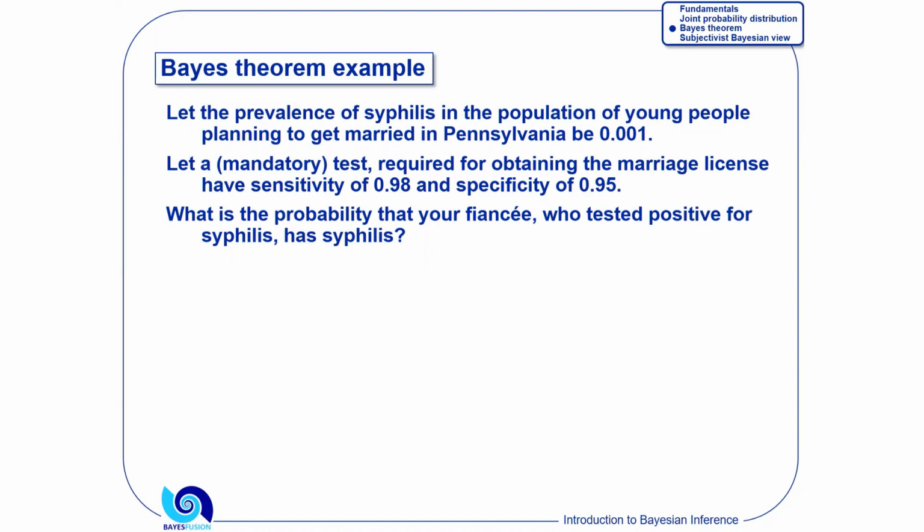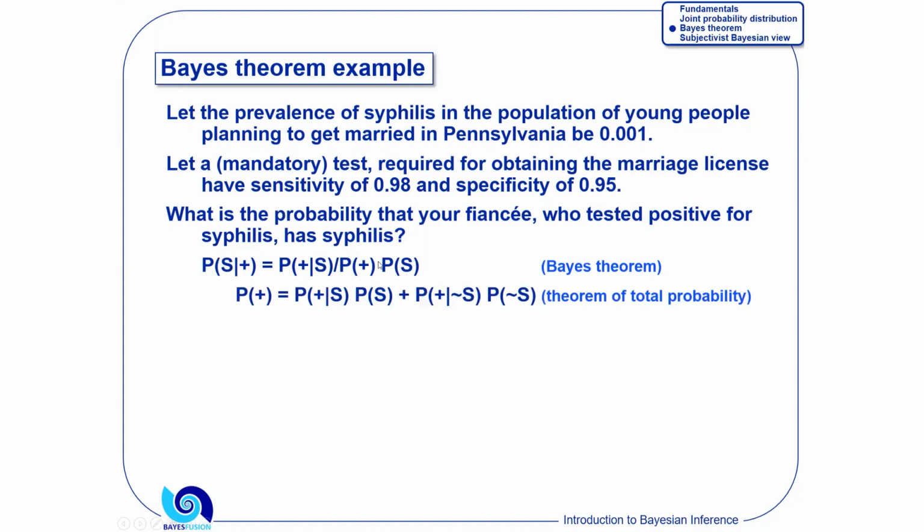The probability a priori was 1 in 1,000, and now we have a positive test. Here is Bayes' theorem applied to that case. As you see, very similar to what you saw on the previous slide. Probability of seeing a positive test at all is calculated by the so-called theorem of total probability. Very, very easy to understand.